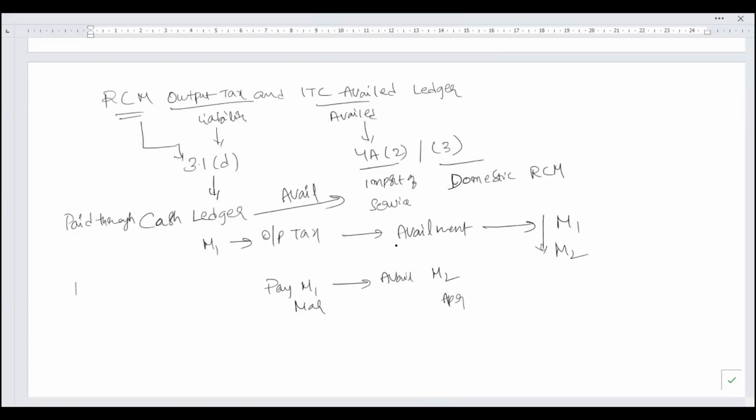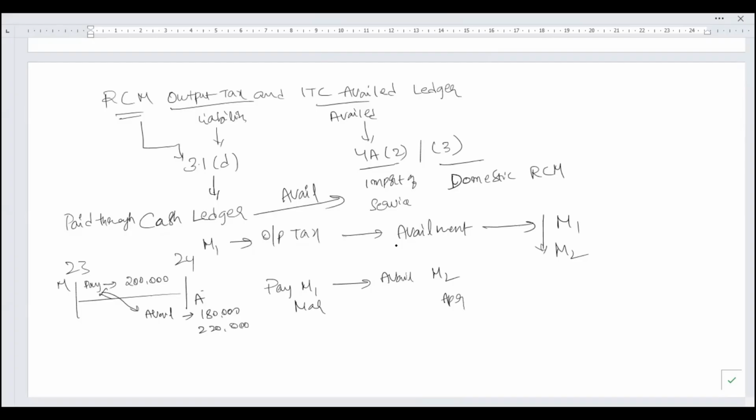So always, when I look at a particular financial year, say 23-24, my payment, I pay say 2 lakh, I avail maybe around 1,80,000 or maybe 2,20,000. The reason is that March and April are going to disagree between these two. So there is a disparity with respect to payment and availment.